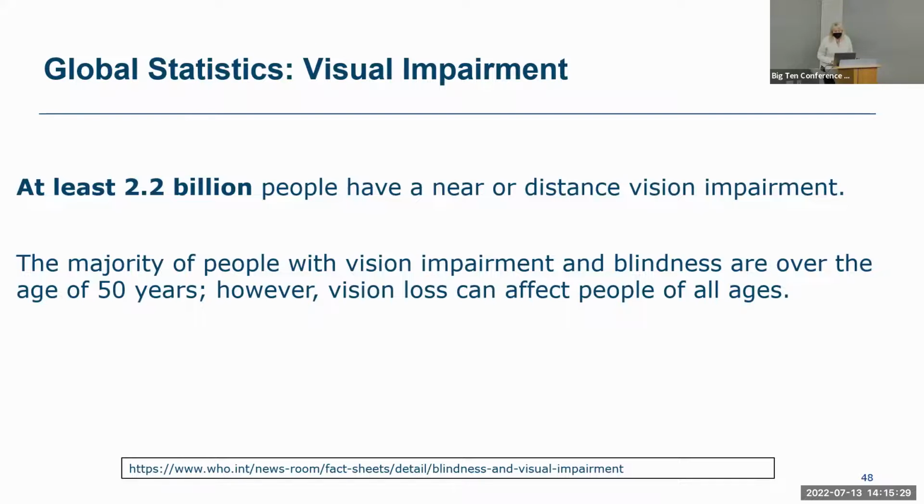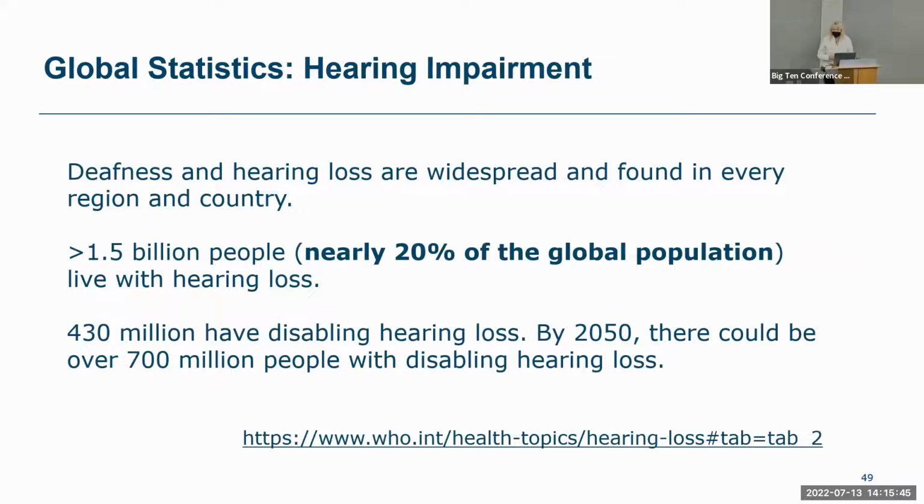So looking globally at stats for these types of sensory impairment, we have just over 2 billion people who have some form of visual impairment at the moment, and the majority of them are aged 50 years and over. In terms of hearing impairment globally, 1 in 5 people on this planet have some form of hearing loss or impairment, which I think is a phenomenal number.